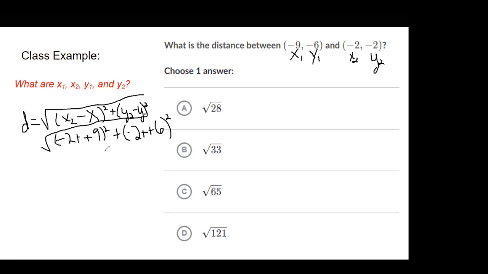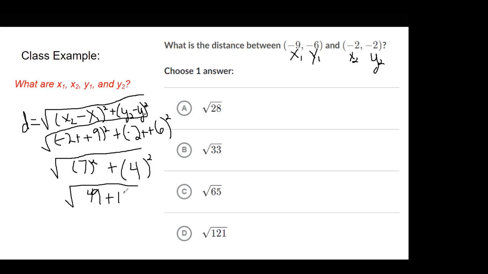So what is -2 plus 9? Good. So we have 7 squared plus, what's -2 plus 6? Good, 4 squared. Okay, what's 7 squared? What's 7 times 7? Good, 49. And then 4 squared. Good, 16.